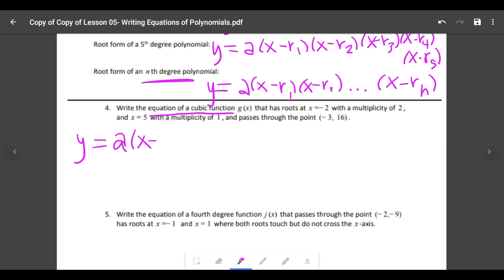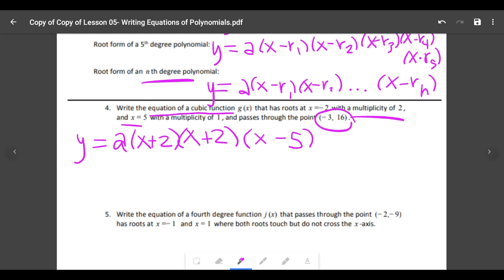If I have a root at -2, I'm going to write my first set of parentheses as x plus 2. Now they tell me it has a multiplicity of 2, so I'm going to write this as x plus 2 again, since it was a repeated root. And then my next root was 5, and they told me it had a multiplicity of 1, so it should only happen once. Now, I don't know my a value.